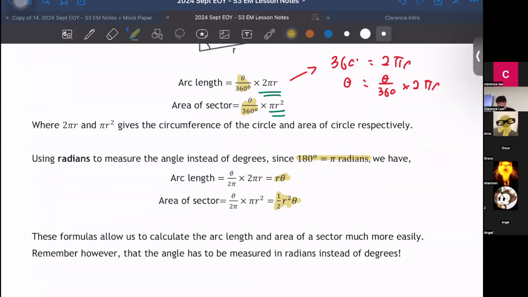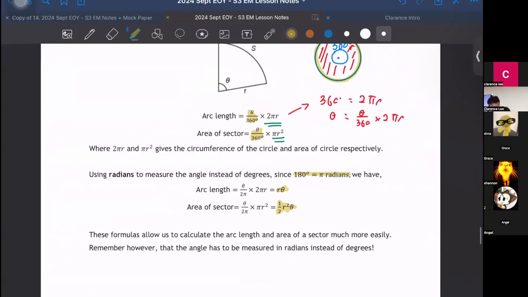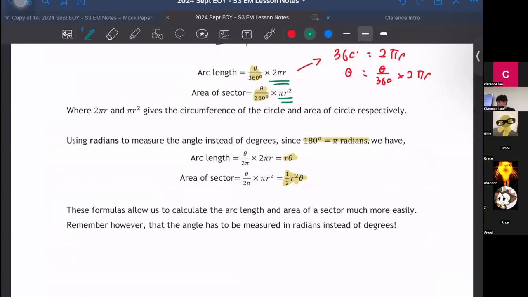So from here, you will then have these two formulas when you're working in radian, but only when it is in radian. Take note, if it's in degree, you must use your proportions method. So look at the question and see whether it's radian or degree. Then afterwards, these two formulas are in the formula sheet. Don't need to memorize.